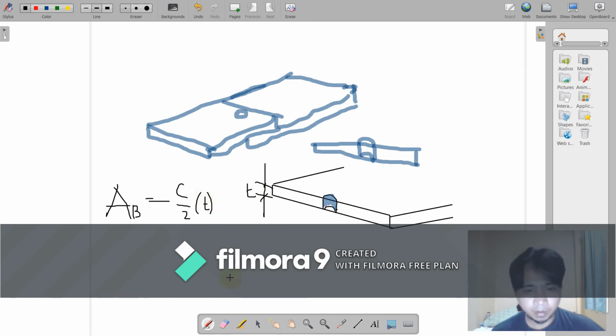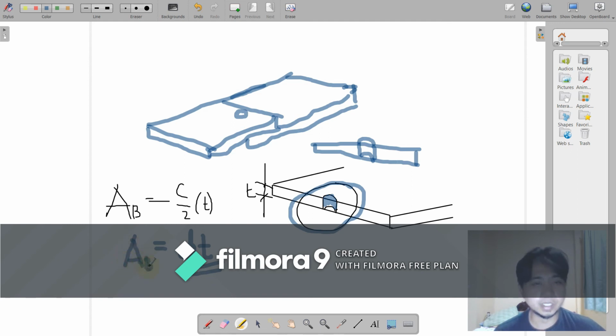But since we are dealing with a small figure here, say in bolts, perhaps it is simplified to use the diameter times the thickness. Okay, so the bearing area is equal to the diameter times thickness instead of using this one.